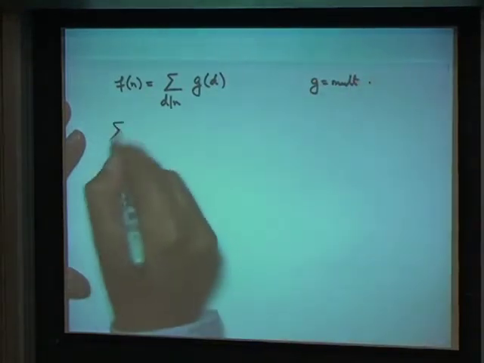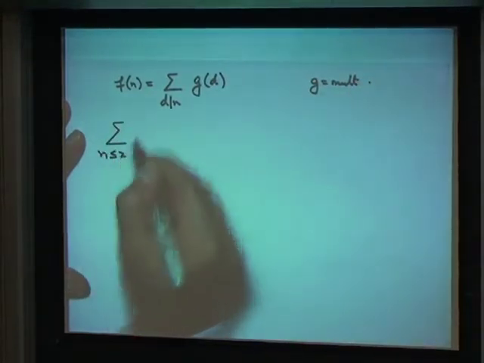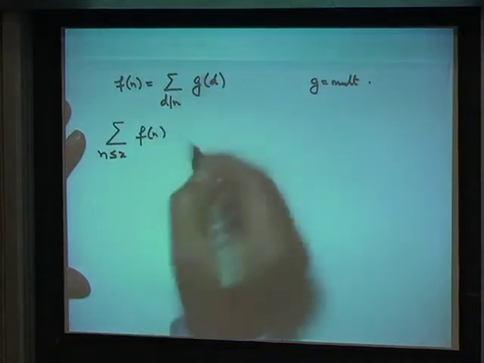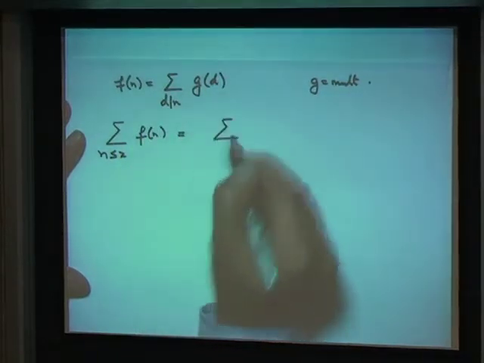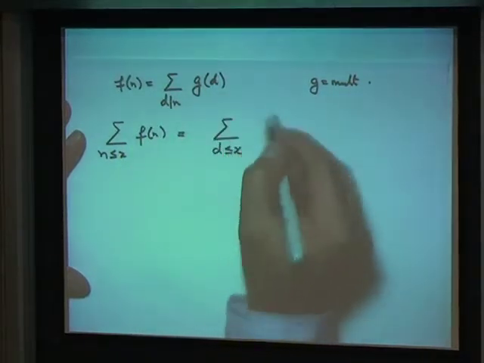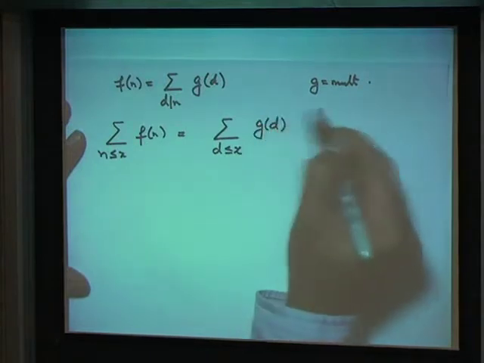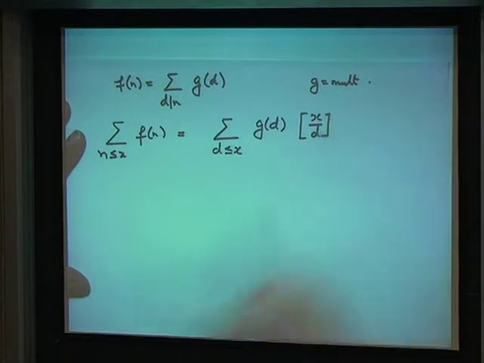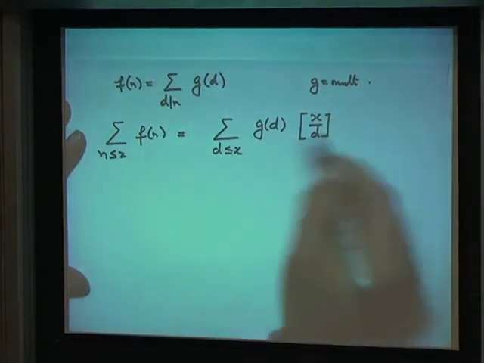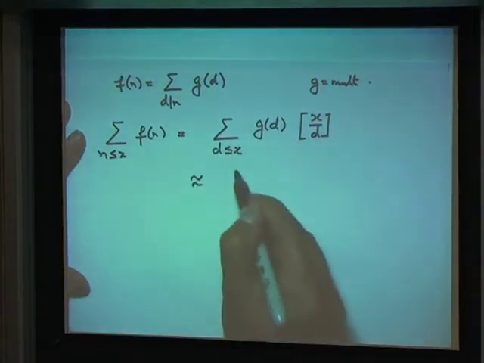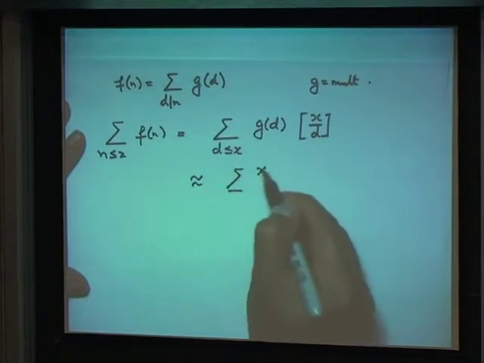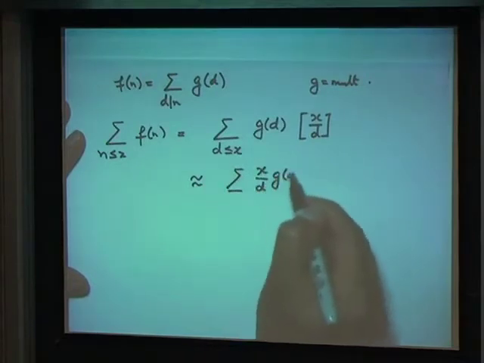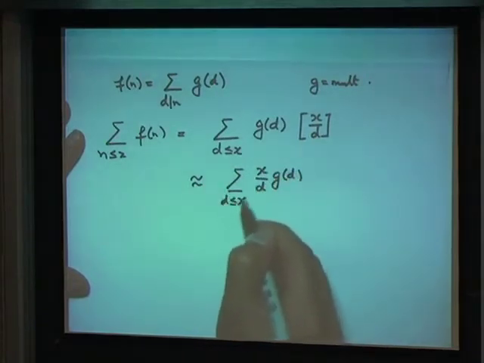Then if I look at the sum over n up to x of f(n), I interchange the sum over d. That's the sum over d up to x of g(d) times the integer part of x over d, which, if I ignore error terms, is roughly x over d, g(d), summed over d up to x.